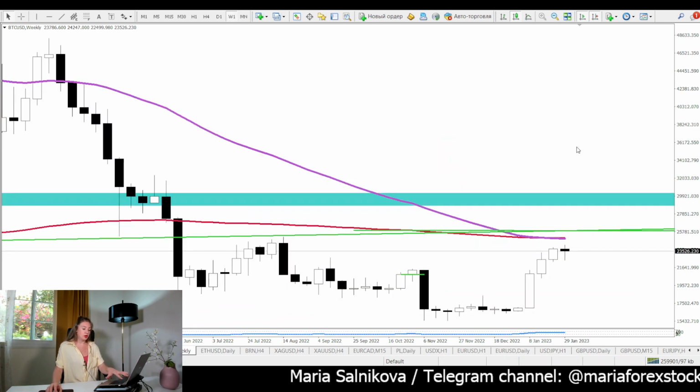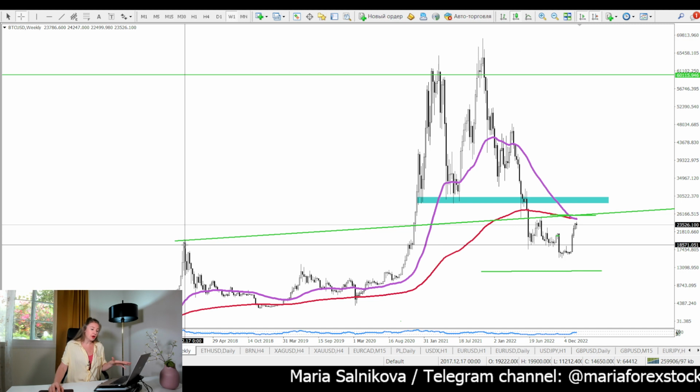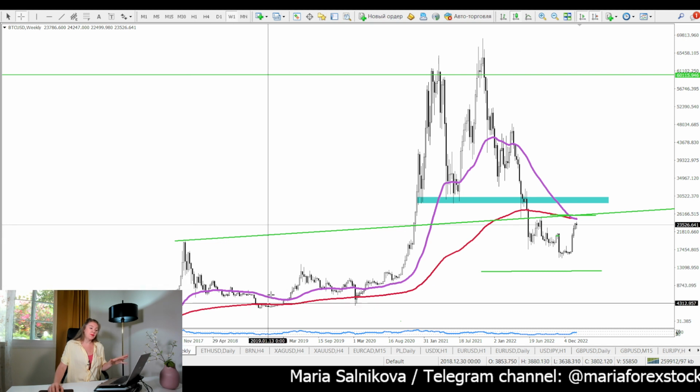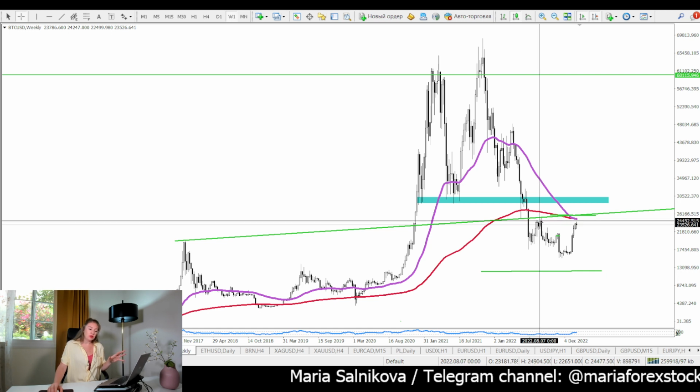We go to the weekly chart. On the weekly chart, I want to show you the maximum price from 2017. Do you remember this price? It was around 18,500. So they hit this maximum price and go down. We take this maximum price, after that we take those levels from 2022, which is around 24,000. Why do I need it?